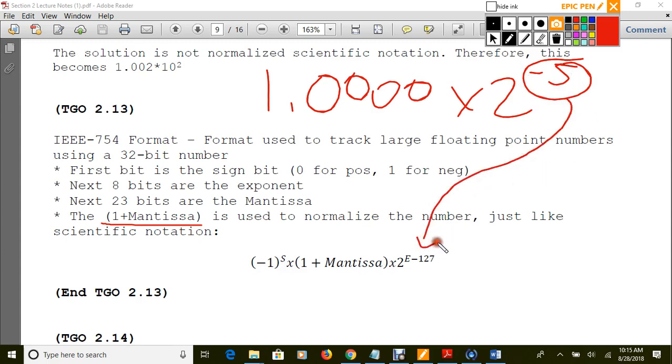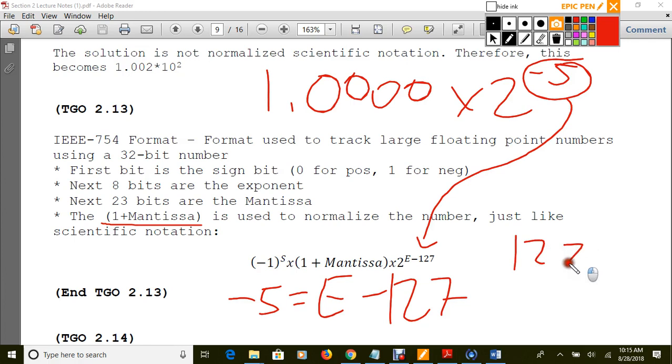Negative 5 is the result of negative 5 equals e minus 127. You take those together, it becomes 122. So 122 is e, which is what our 8-bit exponent is going to be.